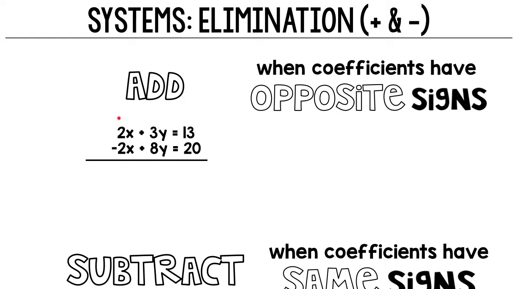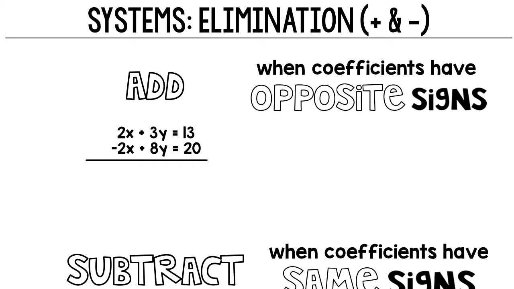We're looking for one variable with the same number in front and opposite signs. Here the x's each have a 2 in front, and one is a -2. That's perfect.